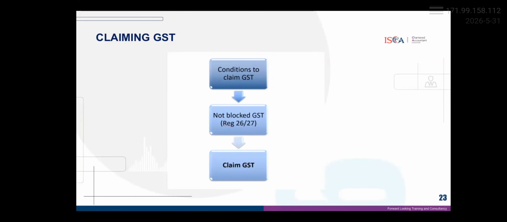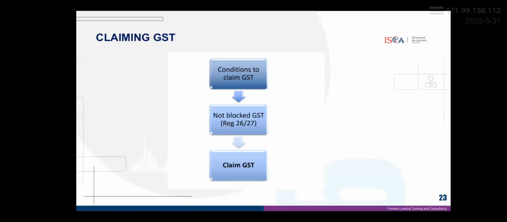Claiming of input tax is pretty straightforward as compared to charging, where you have to determine many different items. Claiming of input tax is simply, first, you definitely have to be charged GST by a person. And you have to ask yourself, do I meet the condition to claim GST?